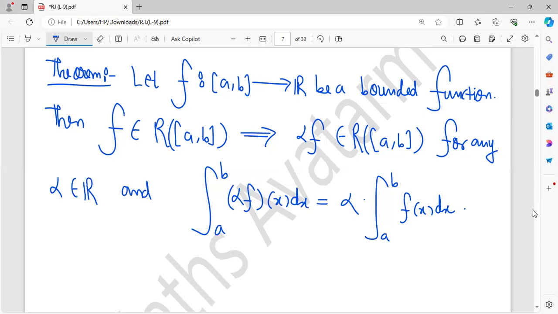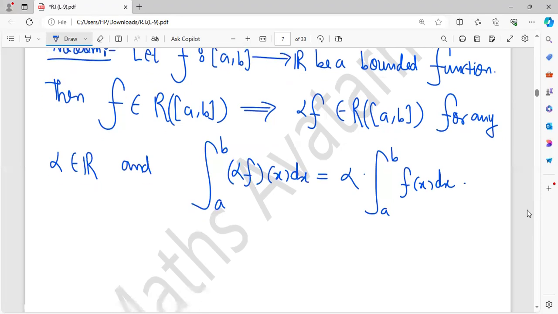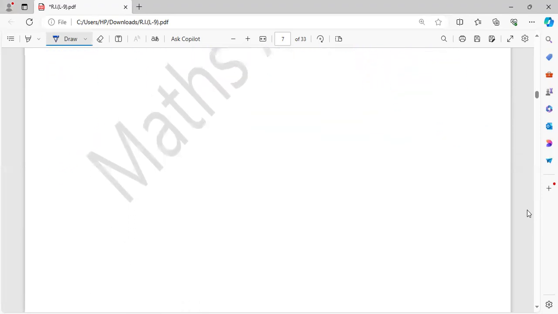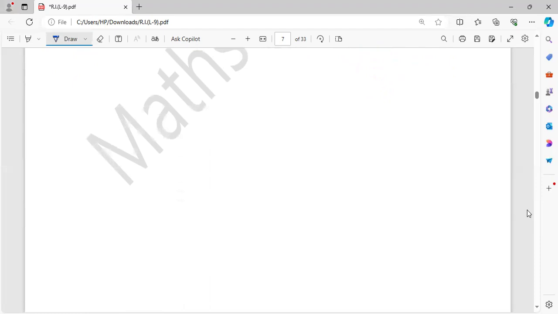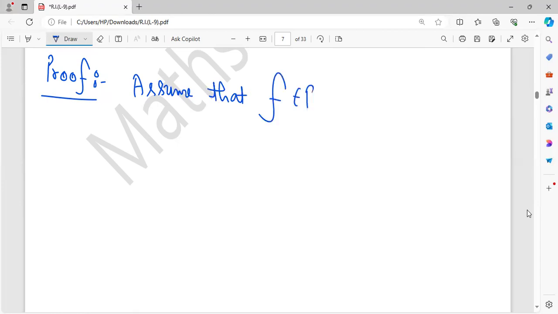So let's prove this. Proof. Assume that f belongs to R[a, b].